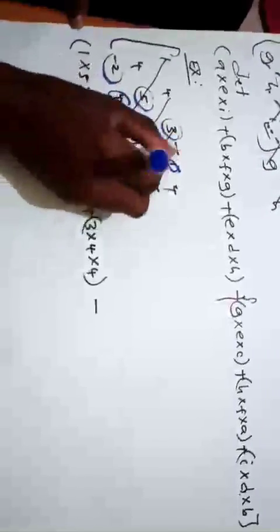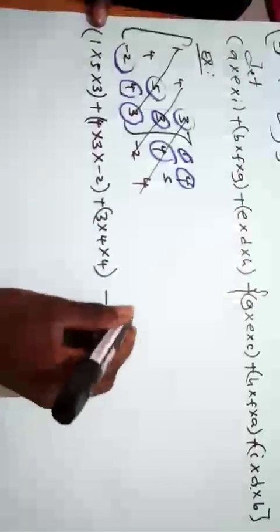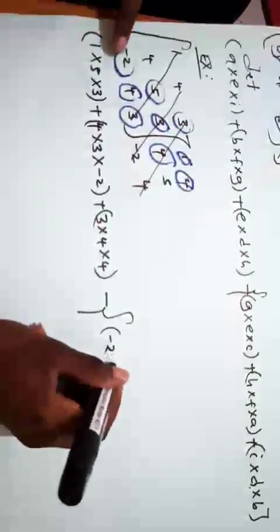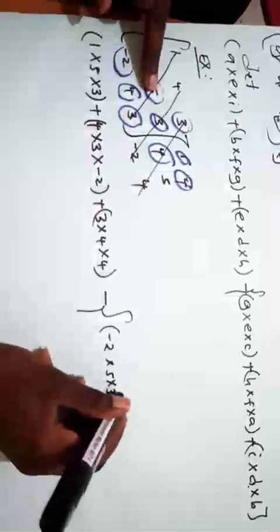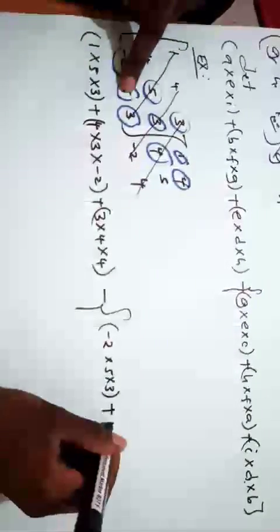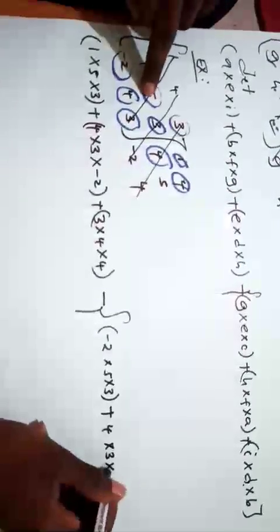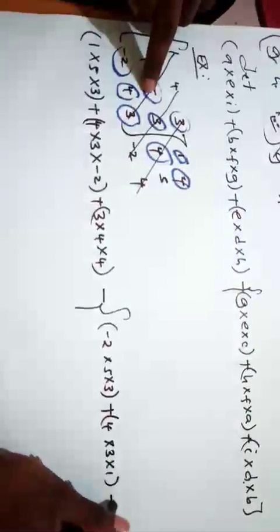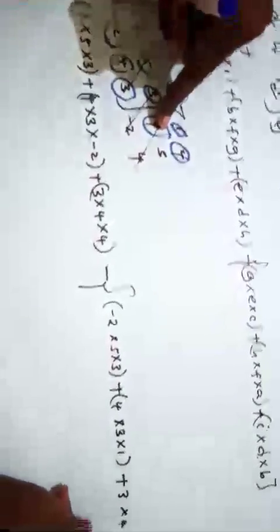For the third case, we will be talking about that. So here now we are subtracting negative 2 times 5 times 3 plus 4 times 3 times 1 plus 3 times 4 times 4.